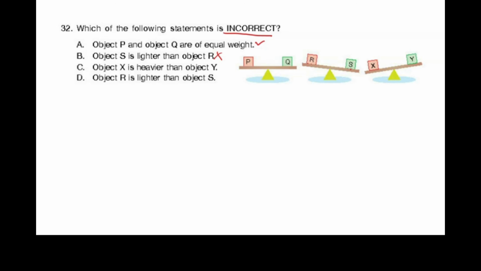The object which goes down is always heavier, and S is heavier than R. Object X is heavier than Y. This is correct. Object R is lighter than S. This is also correct. So the correct answer for this question is option B. We have to find the incorrect one actually.